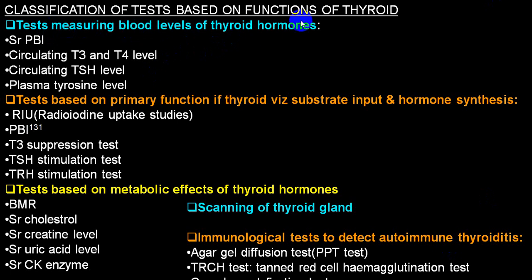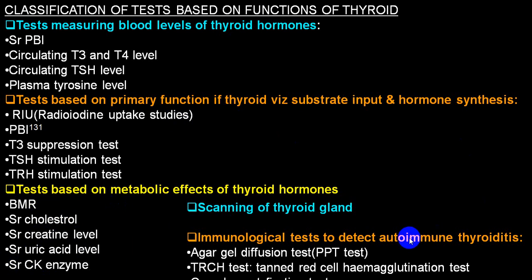Measuring the blood level of thyroid hormones finds out the primary function, and you can go for a suppression test or stimulation test, or a radioactive iodine uptake study to find out the active or inactive nodule, that is, a hot nodule or cold nodule. You can do tests regarding metabolic function, such as scan, BMR, cholesterol, creatinine level, uric acid level, and CPK enzyme level.